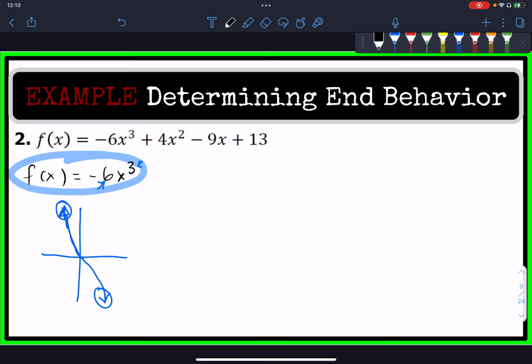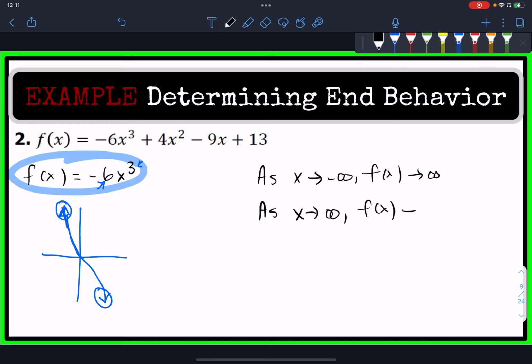So this polynomial behaves the exact same way. As x approaches negative infinity, the left end is pointing upwards, unbounded. And as x approaches positive infinity, the right end of the function is unbounded, pointing downwards, approaching negative infinity. So it behaves the same way as the power function.